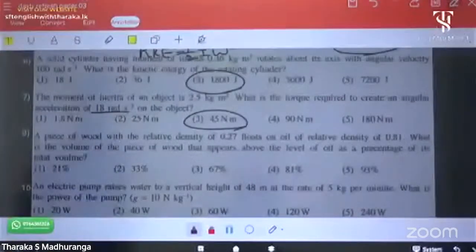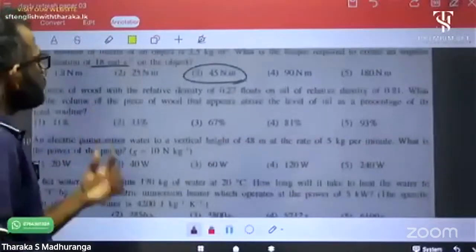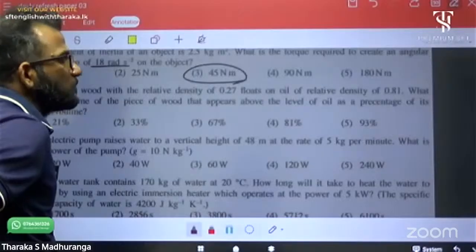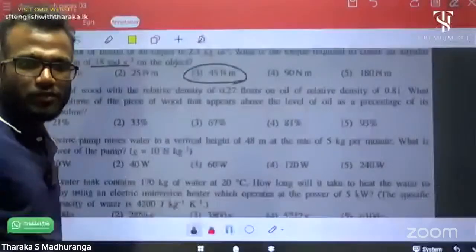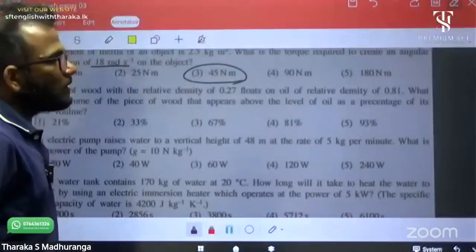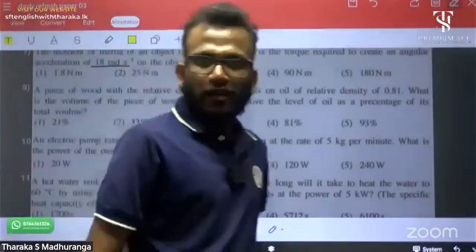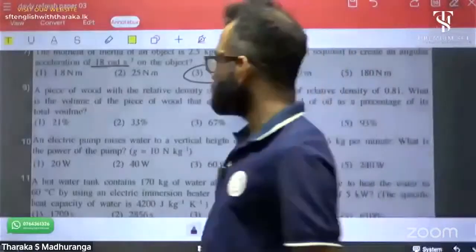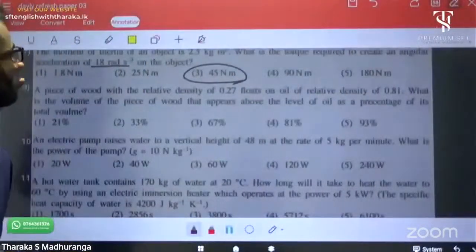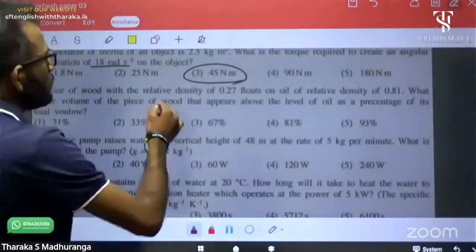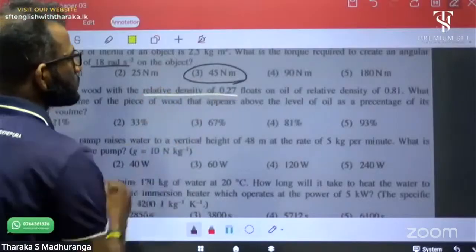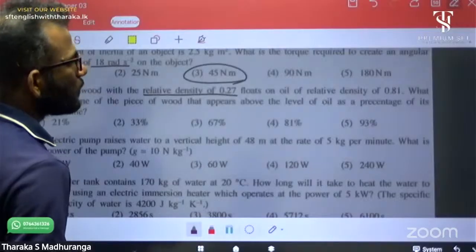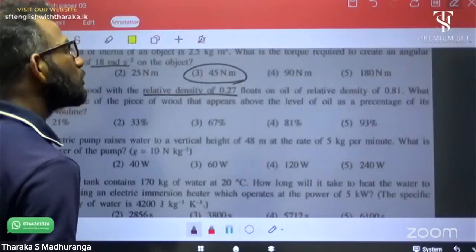Okay, question number 9. A piece of wood with relative density 0.27 floats on oil of relative density 0.81.